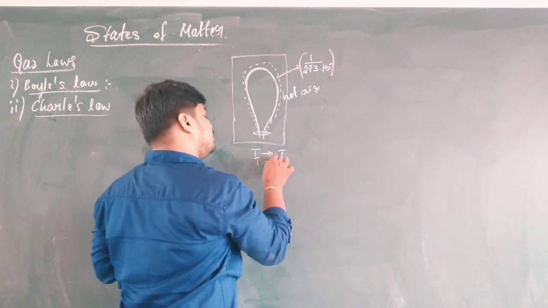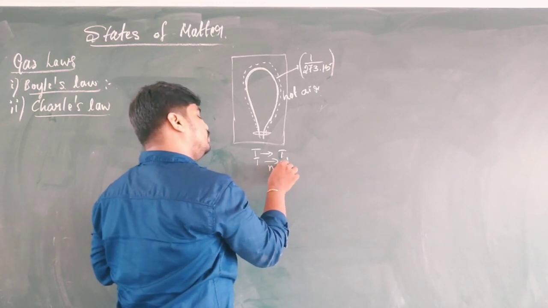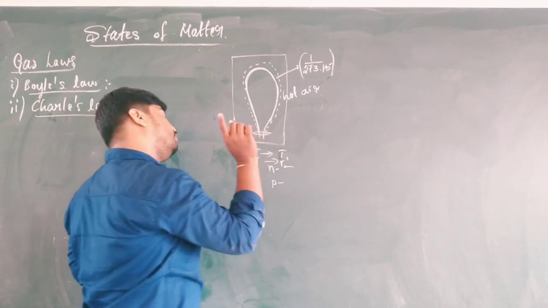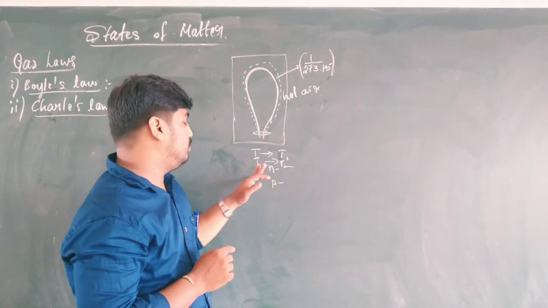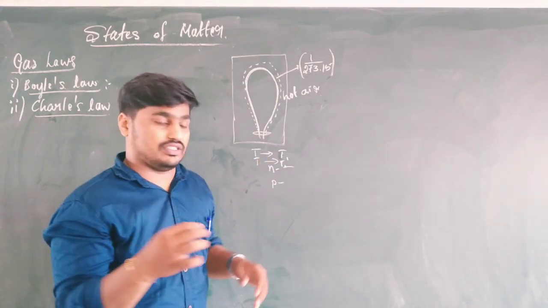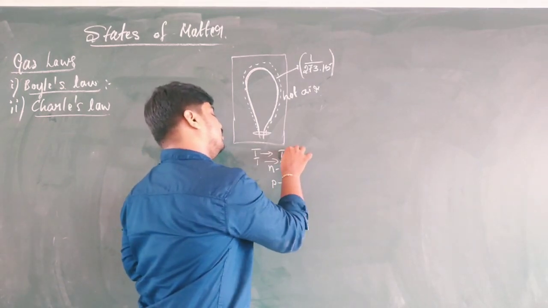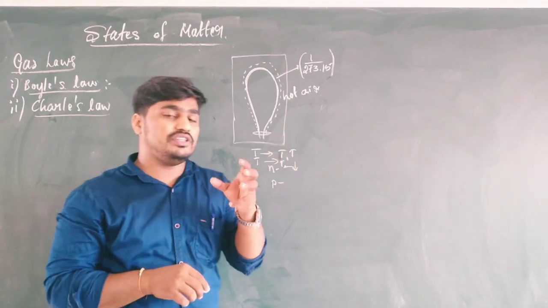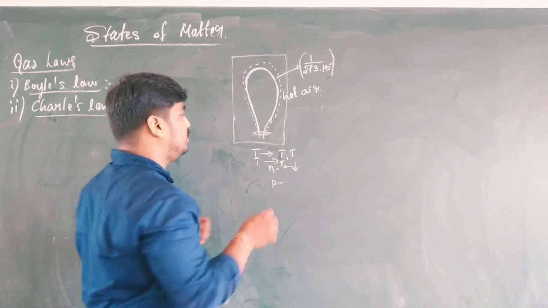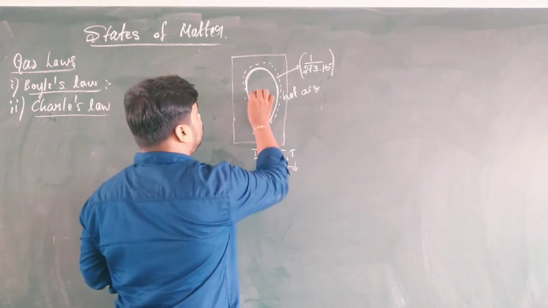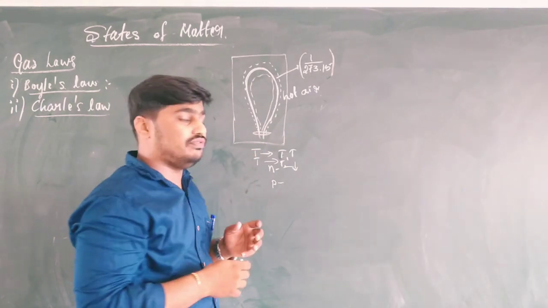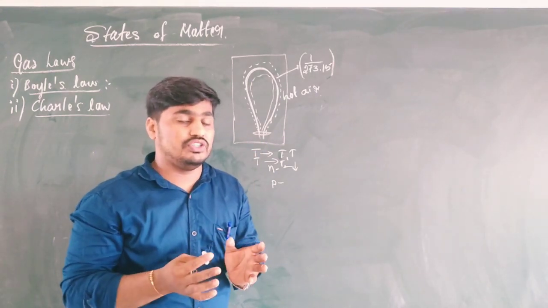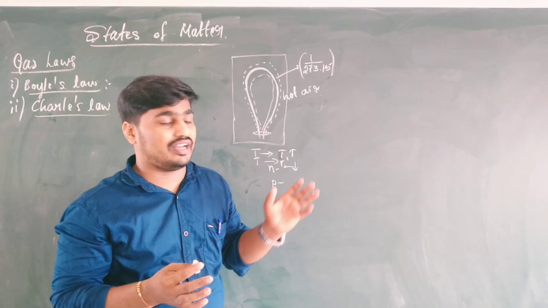Next, they continued the experiment by changing the temperature. The temperature decreases from T to T2. When the temperature decreases, the volume of the balloon also decreases. How much does the volume decrease during their experiment?